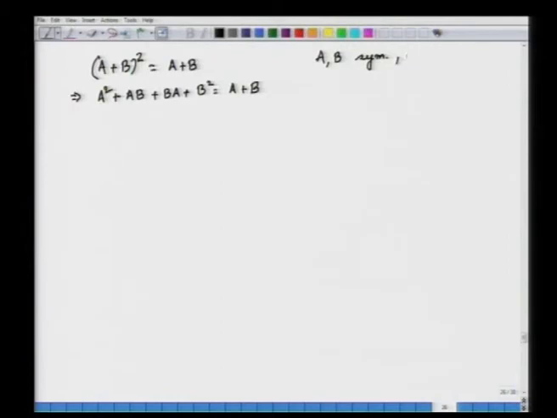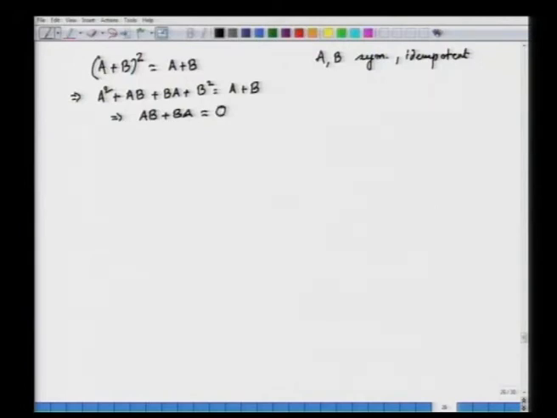If A plus B is idempotent, from the definition of idempotency, (A plus B) square is A plus B, which means A square plus AB plus BA plus B square is A plus B. Now, note that A and B are symmetric and idempotent, so A square is A and B square is B. These cancel out, and I get that AB plus BA is a null matrix.